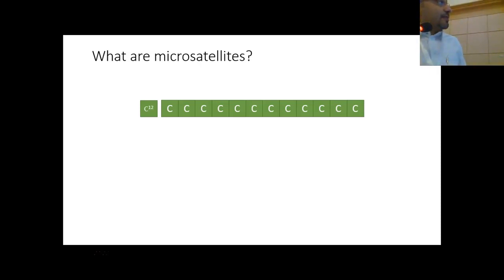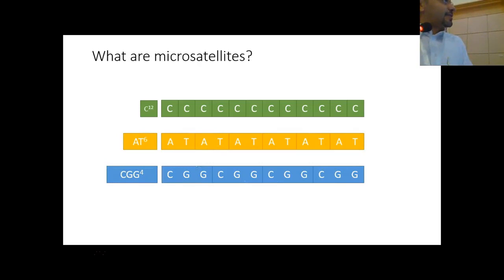Here, for example, we have a stretch of 12 Cs. But sometimes it could be dinucleotides like AT, AT, AT, here are 6, or trinucleotides, CGG, for example. And the polymerase that I was describing before, when it copies this, sometimes it has a slippage because it's so repetitive, sometimes it doesn't know if it is 6 Cs or 7 Cs.